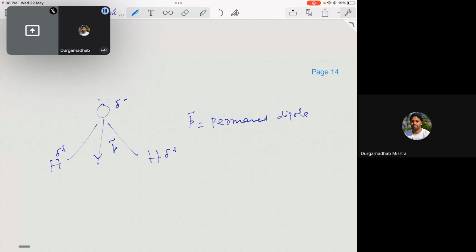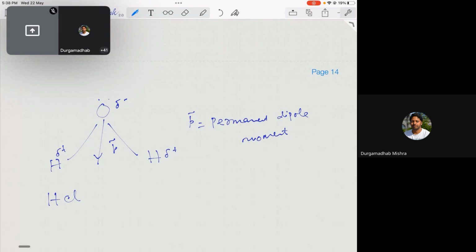Because of the nature of the molecule itself, you don't have to apply an electric field. The dipole moment exists naturally because of the arrangement of the water molecule. You can also think of HCl.